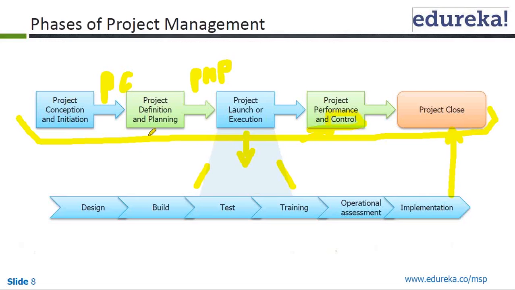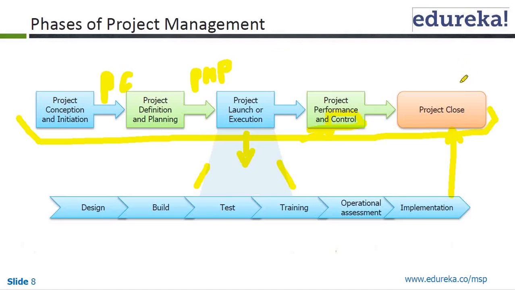So during all four phases of project management, it's actually a very loose term if you take PMP into consideration, because it talks about IPEC: initiation, planning, execution, monitoring and controlling, and closing.